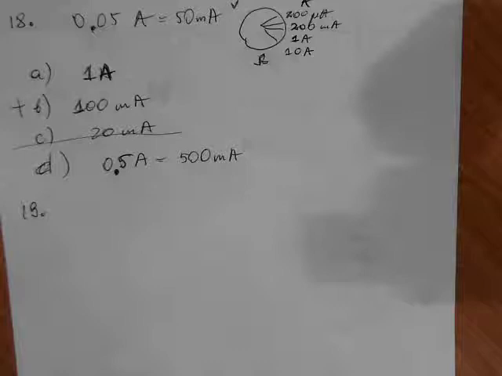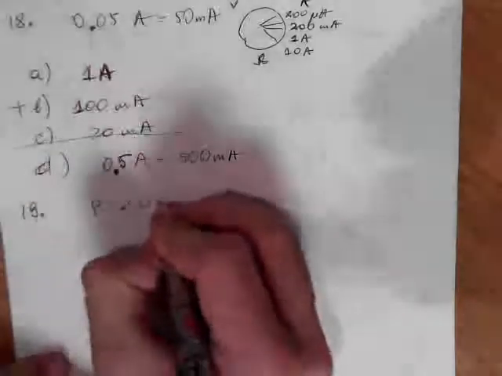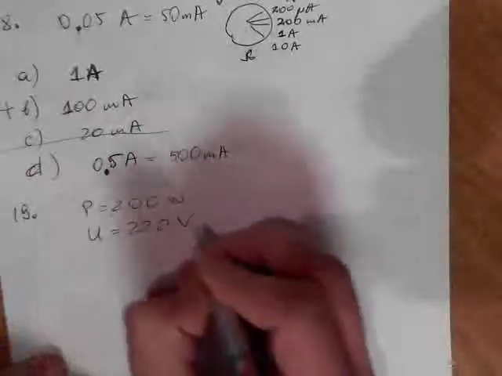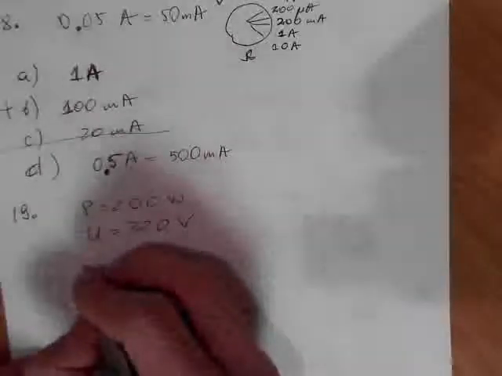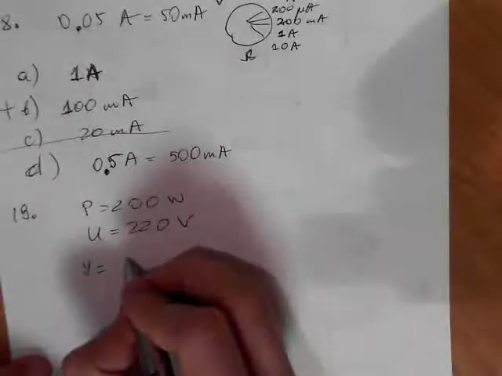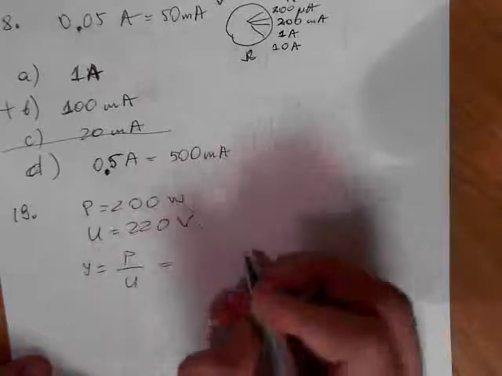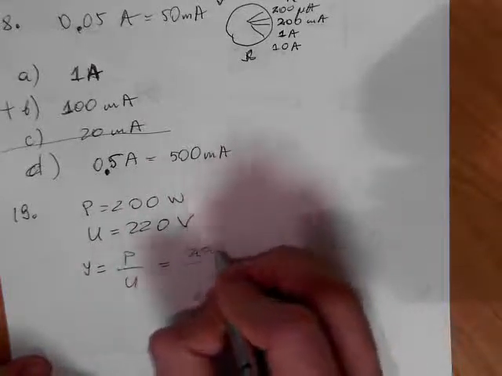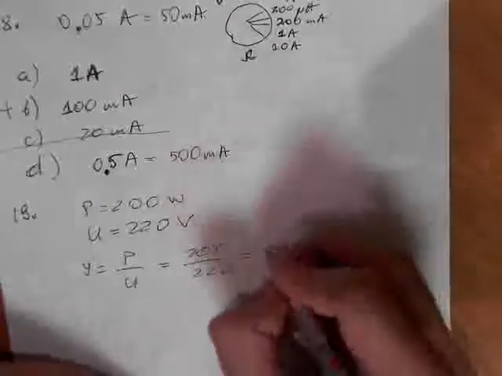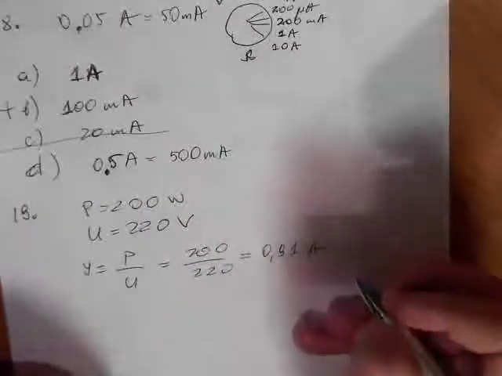Question number 19. It's given the power of the electric device, and it is given the voltage 220 volts, and you need to know the current. The current is P divided by U, so 200 by 220, which is 0.91 amps.